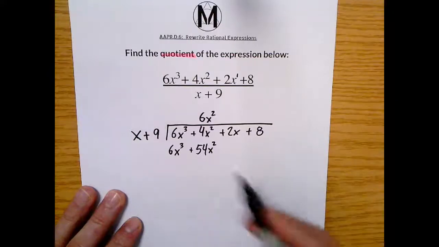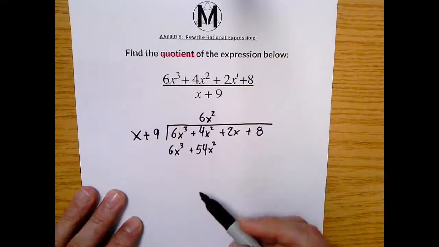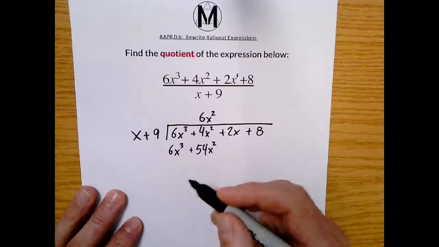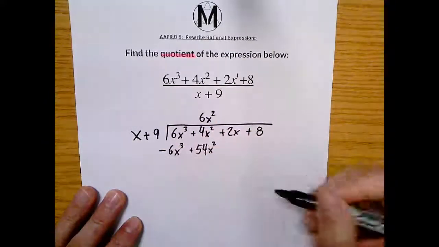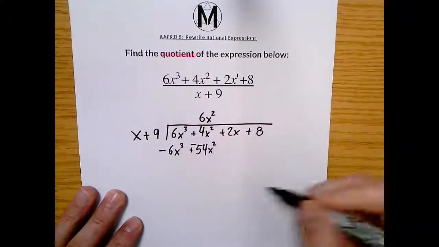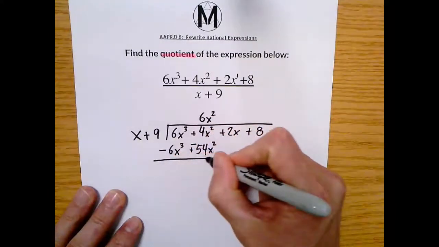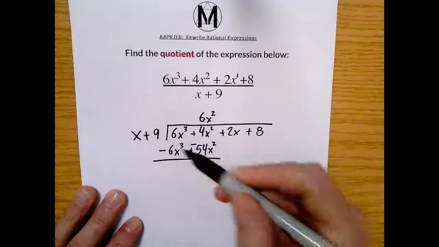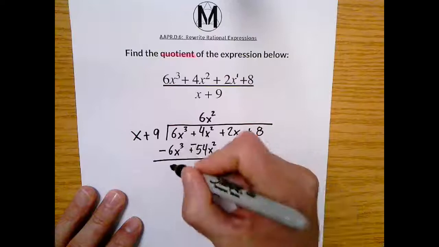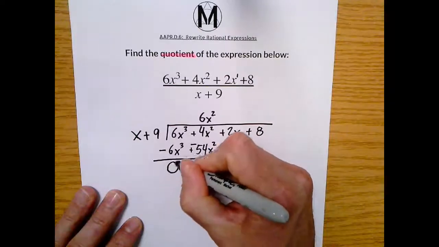Step three is we subtract these. So to subtract these, you essentially just multiply each term by -1 or distribute that negative. So this becomes a negative, and this positive actually becomes a negative. And now we subtract. Well, 6x to the third minus 6x to the third, that gives us 0, and that's a good sign.